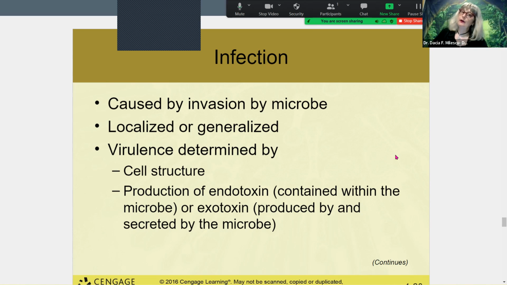Now, let me give you an example. We can talk about bacterial endocarditis. We have many pathogens out there, including COVID-19 and all its other variants, that are very toxic. They can cause bacterial endocarditis. We can have Streptococcus pyogenes, strep throat.